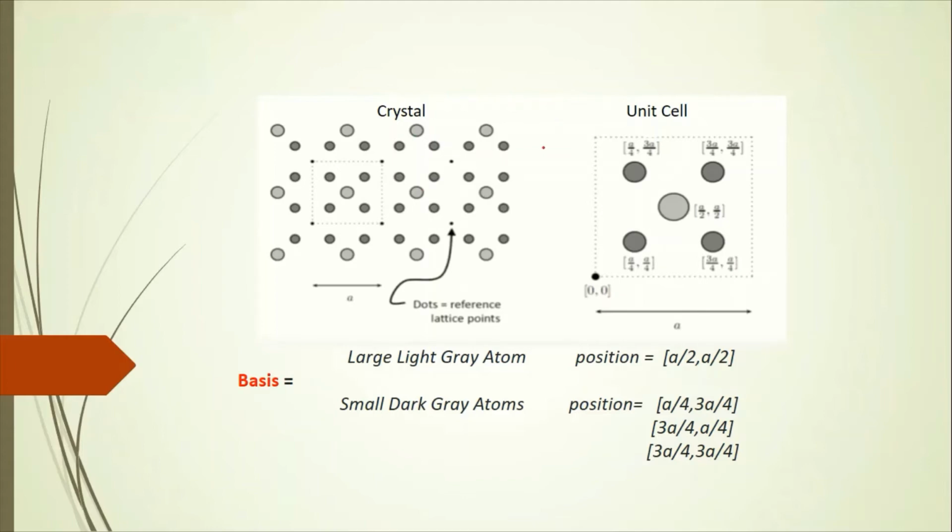So the primitive unit cell's lattice vector is some sub exceptions, I think, from the crystal and from the unit cell.